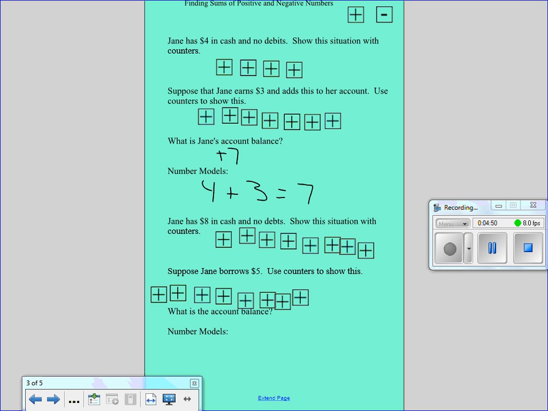Borrowed 5, so that means we're in the negative. -5. Okay. So what would her account balance be? So if I cross off a negative, cross off a positive, negative and a positive, and negative and a positive, negative and a positive. That means her account balance would be left at a +3.